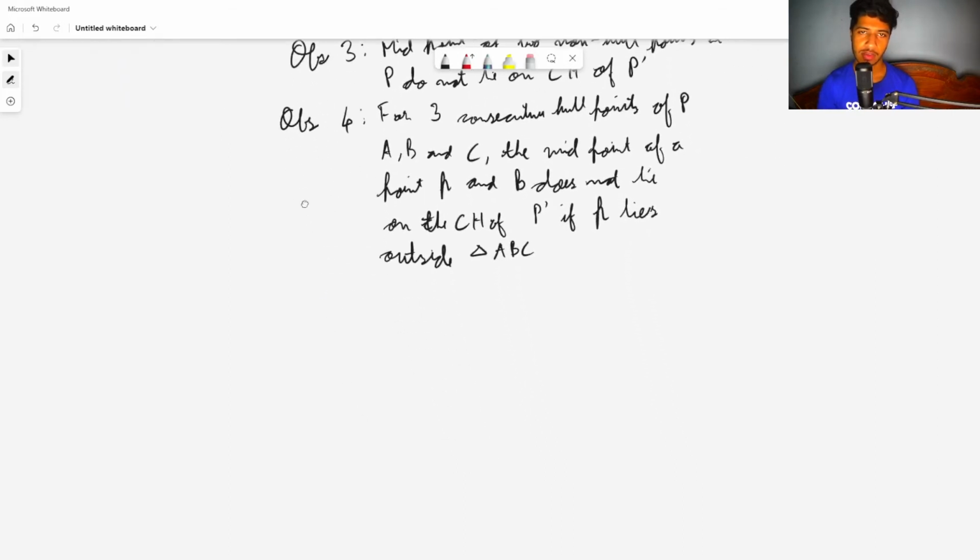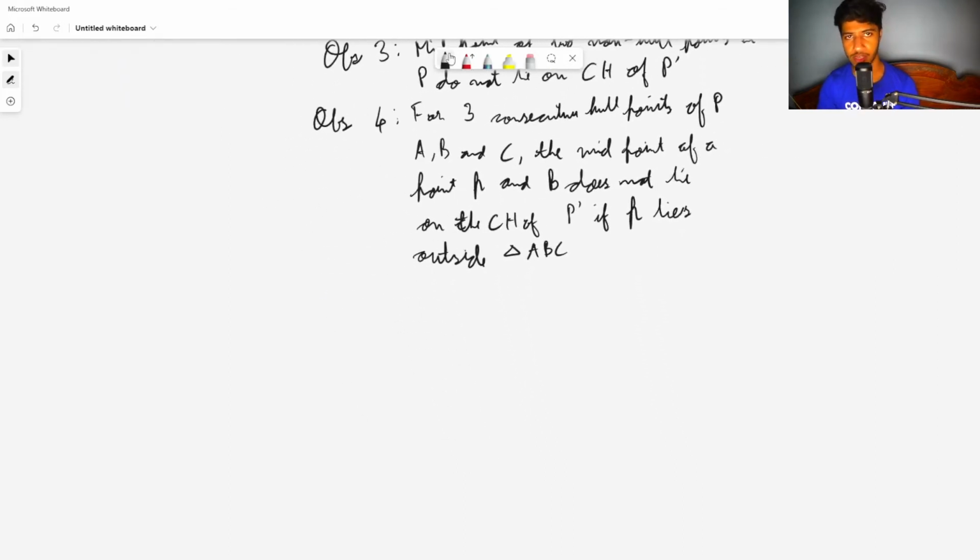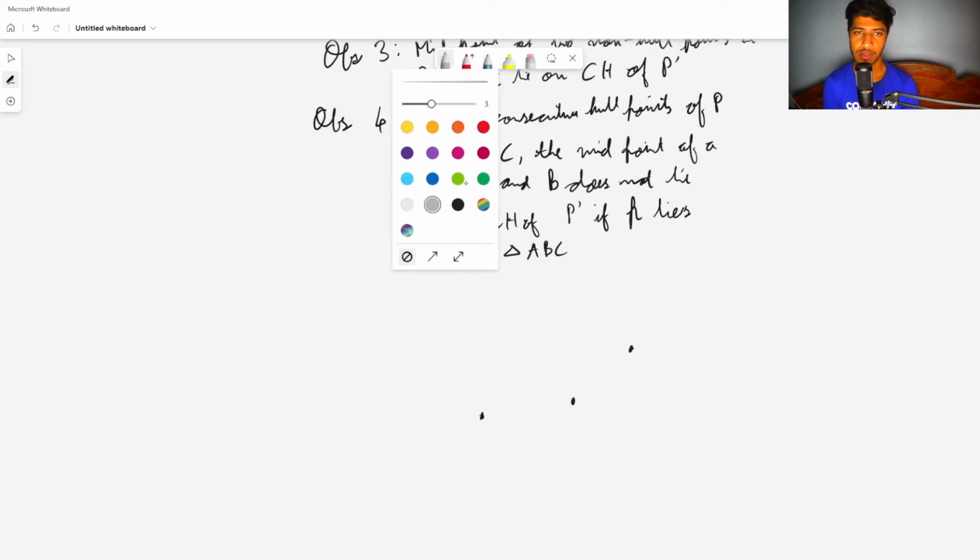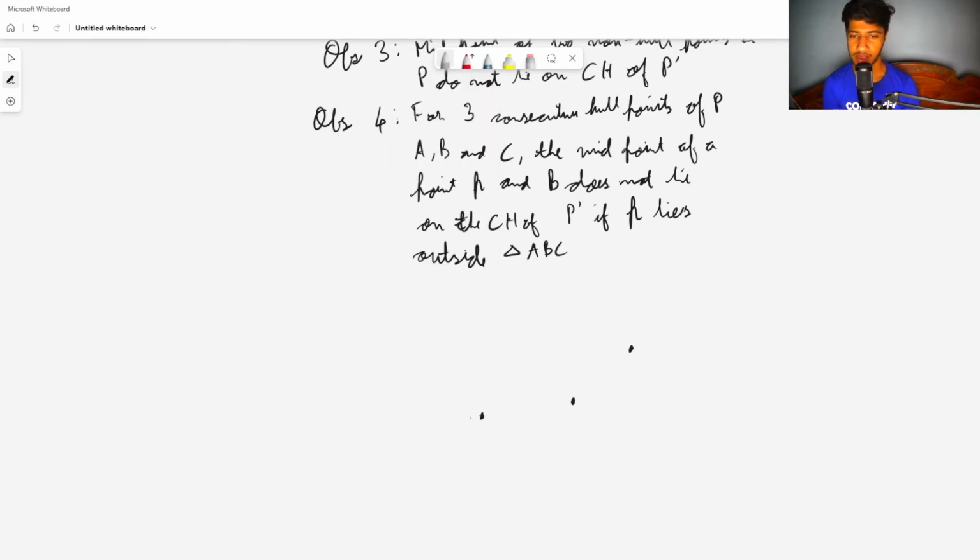Let's try to understand what our observation 4 even means. So let's say you have 3 consecutive hull points of P, right? So these 3 black points lie on P. Since I'll just draw the hull once, the rest of the hull is looking some way.